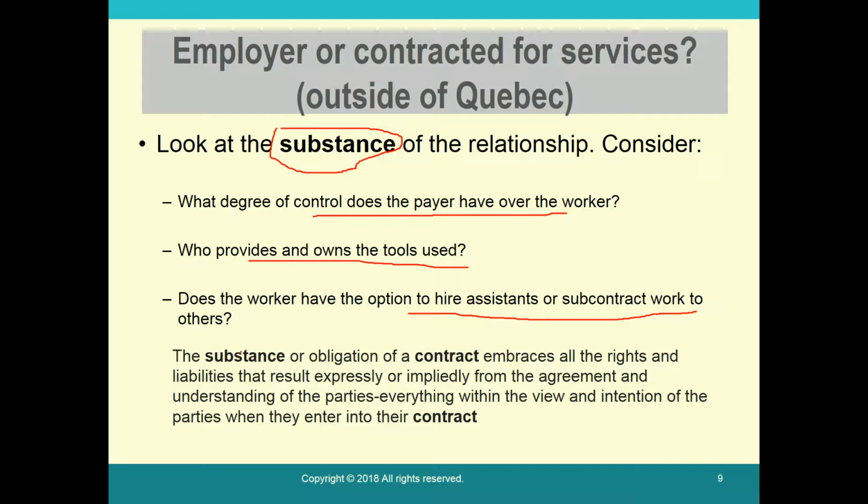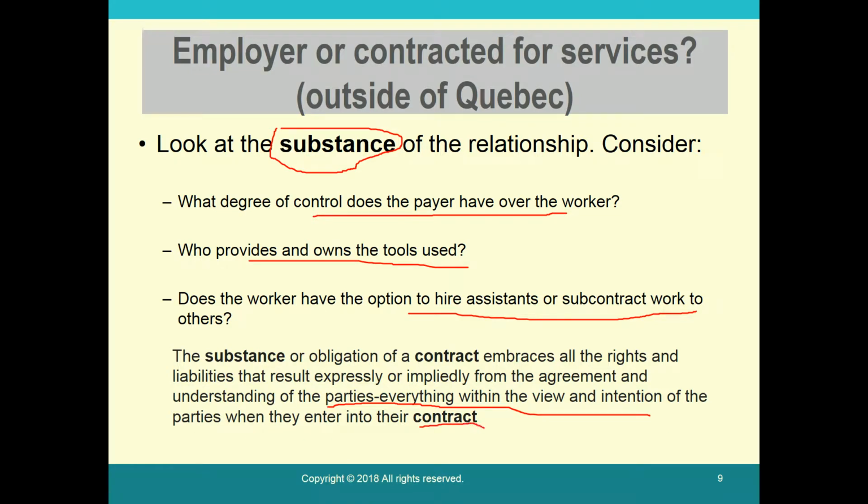I just explained a little bit of substance here. Substance or obligation of a contract embraces all the rights and liabilities that result expressly or by implication from the agreement and the understanding of the parties, everything within the view of the intention of the parties when they enter into the contract.